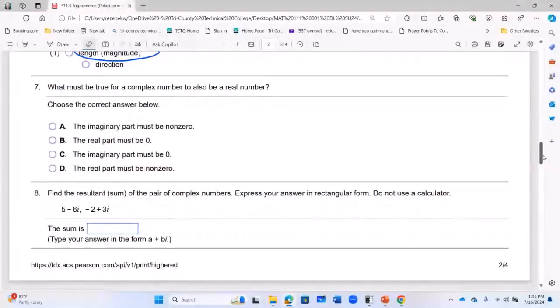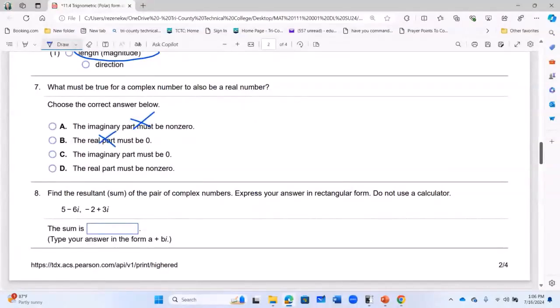But okay, number 7. What must be true for a complex number to also be a real number? If a complex number is a real number, let's see the real part. Okay, the imaginary part must be non-zero. No. The real part must be 0.